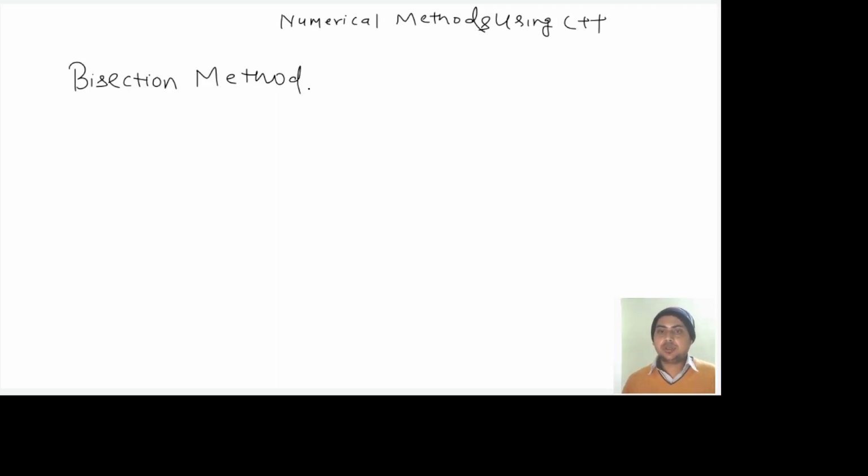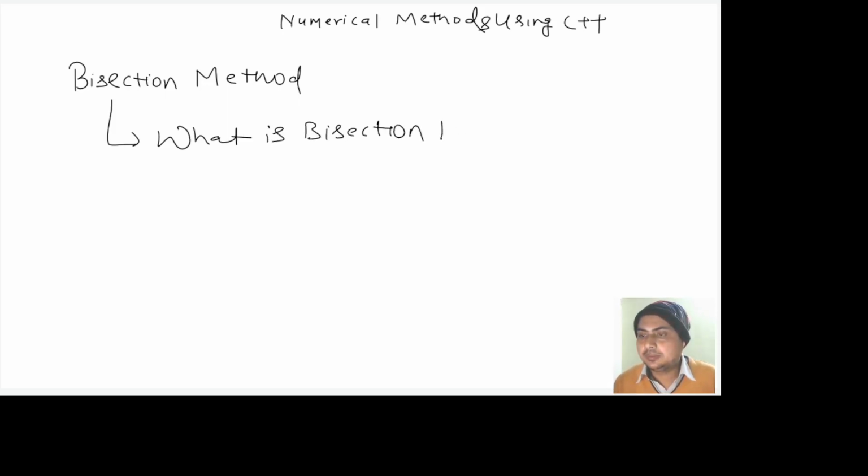So what are we going to learn and what will be the root of our discussion? First, we will see what the bisection method is, what its purpose is, and why we are going to use it.